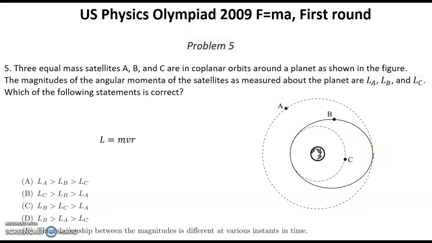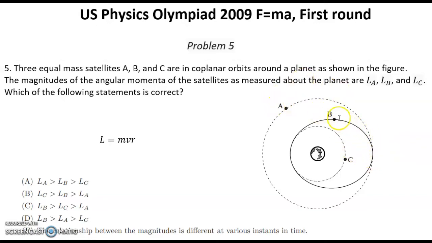It means that the angular momentum is greater for satellite A. Angular momentum is conserved, so it doesn't matter where we measure it. So we just established a first relation.